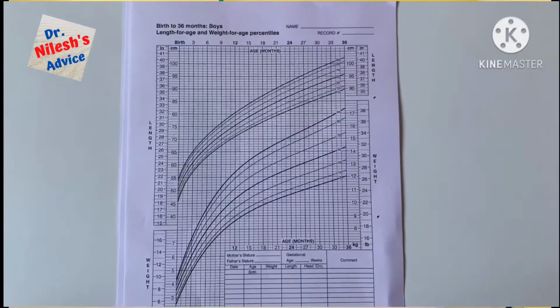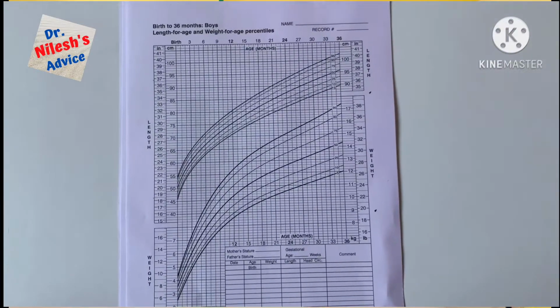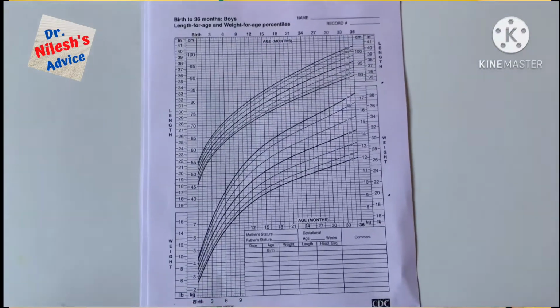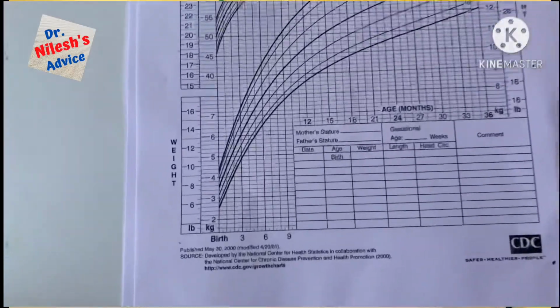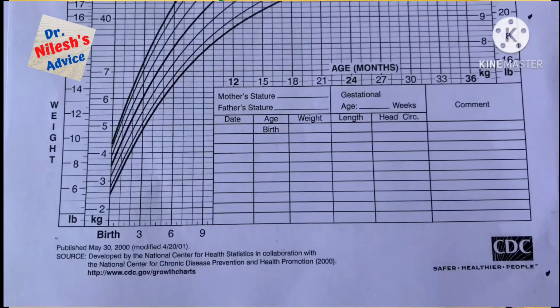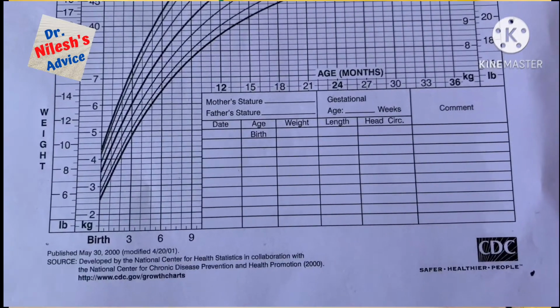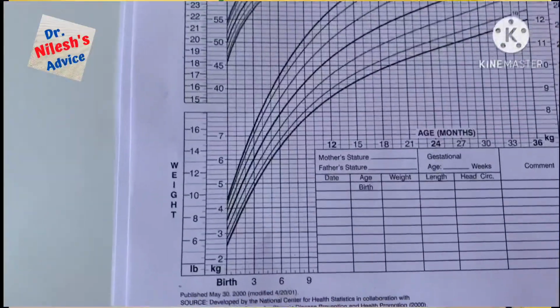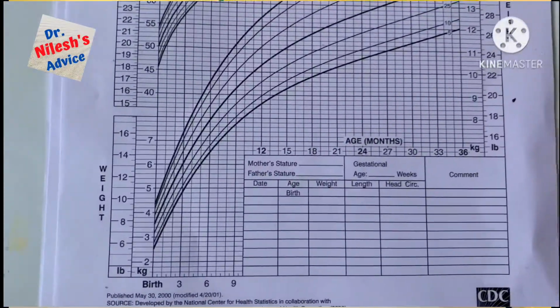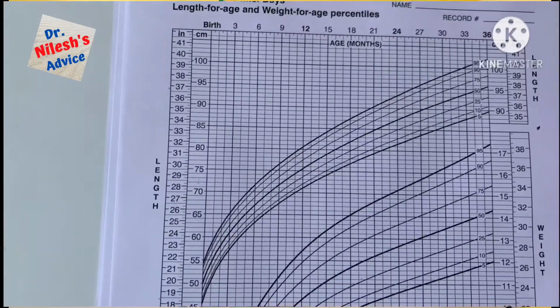First of all, I will give you a brief outline of what the growth chart is. In the growth chart, on the X line there will be the age. You can see the age: birth, 3 months, 6 months, 9 months, and on the Y line you can see the chart for the weight and the chart for the height.